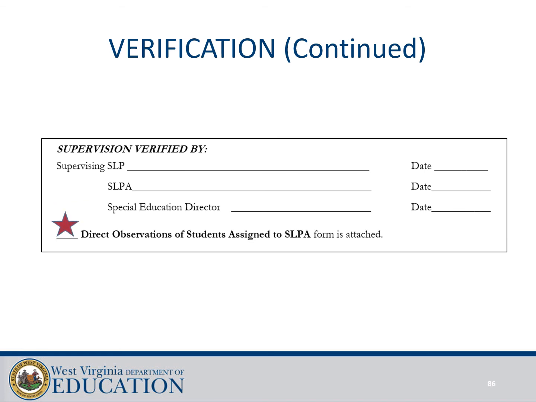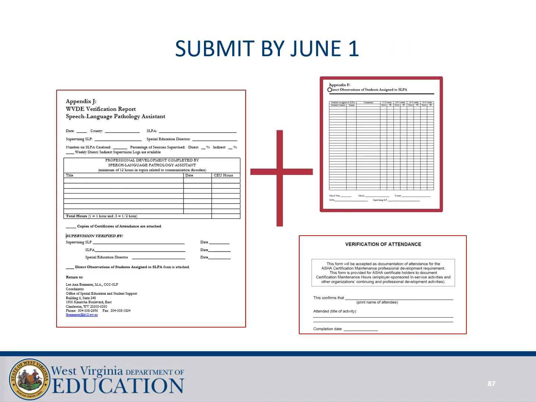As a gentle reminder, you would check to indicate that you have included the direct observations of students assigned to the SLPA form. In summary, you would submit the verification report by June 1st.